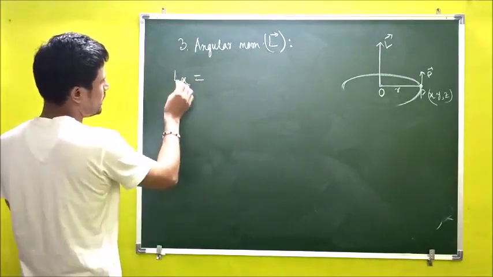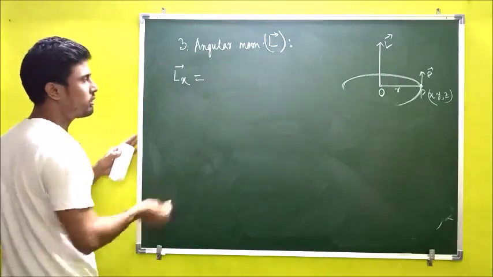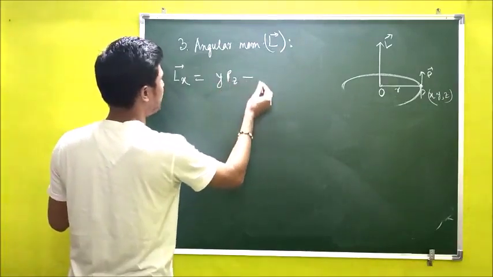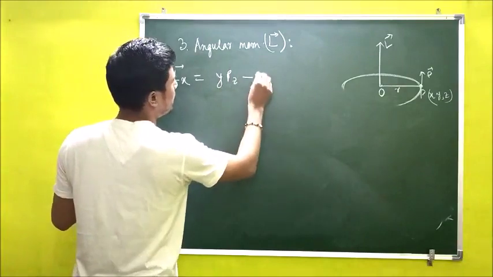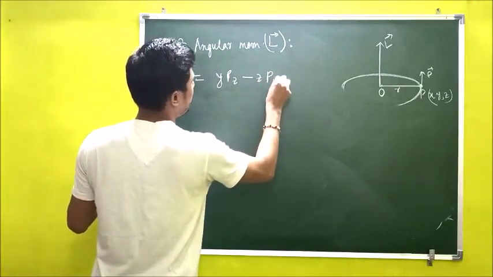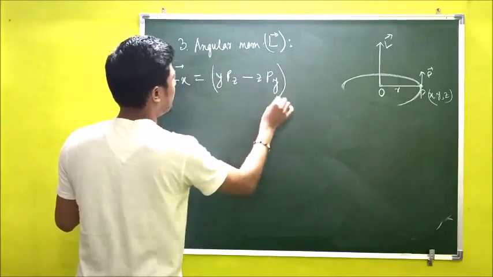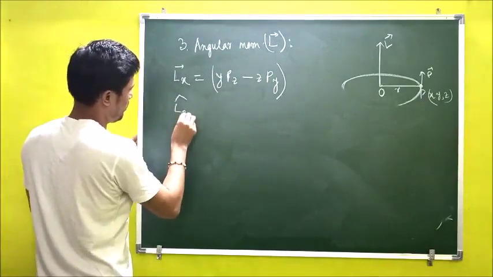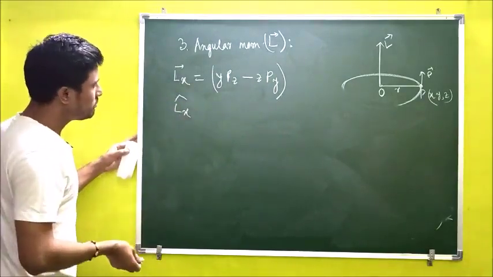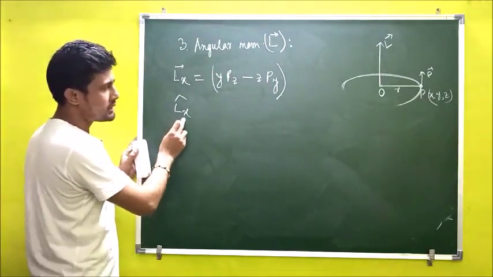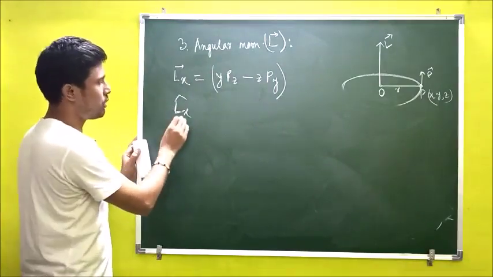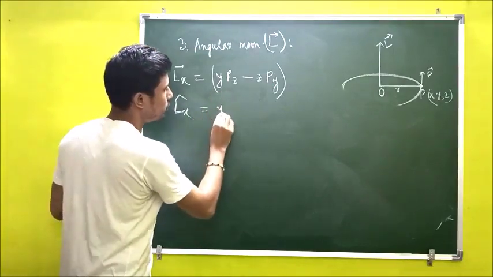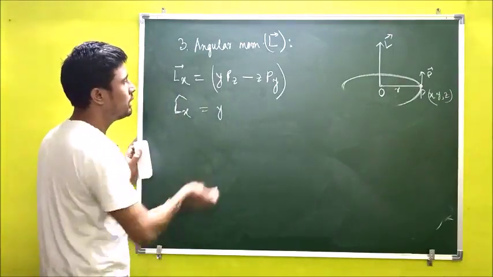The angular momentum along the x axis we have found is y into pz minus z into py. Let us consider the operator of angular momentum along the x axis. For y, the operator is y.